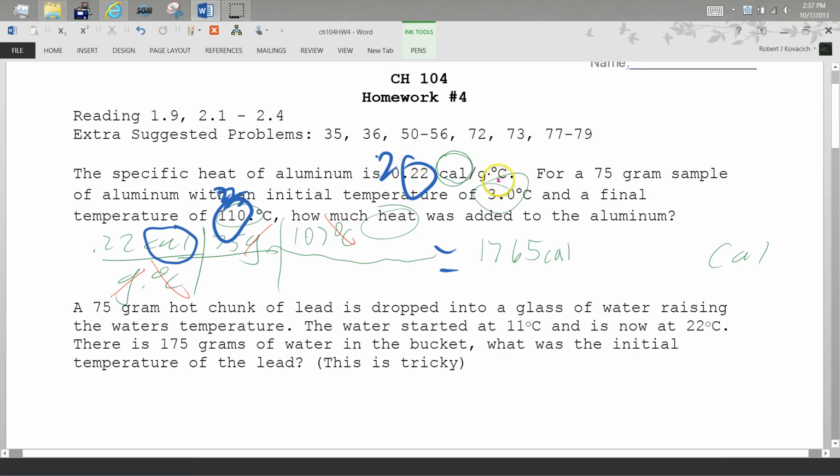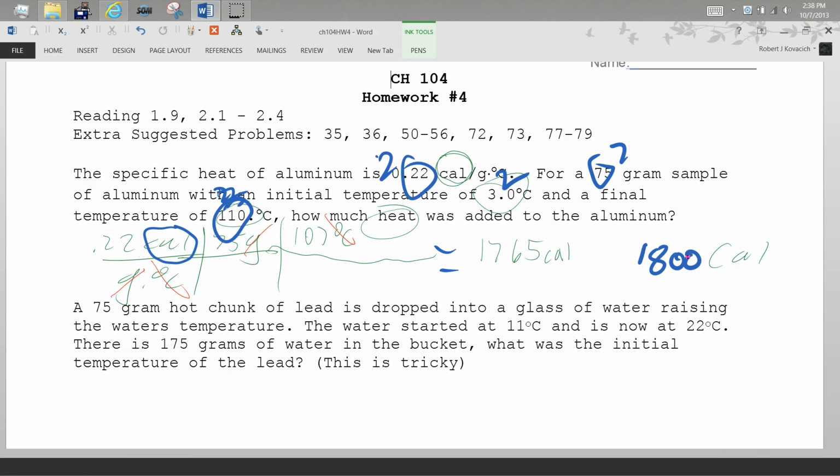This guy has 2. This guy has 2. And this guy has 2. So my answer can only be in 2 sig figs. So what's my answer going to be? 1800 would be the correct answer for that one. So that's how many calories was added to heat this thing from 3 to 110. Okay. Do we have questions about that one?